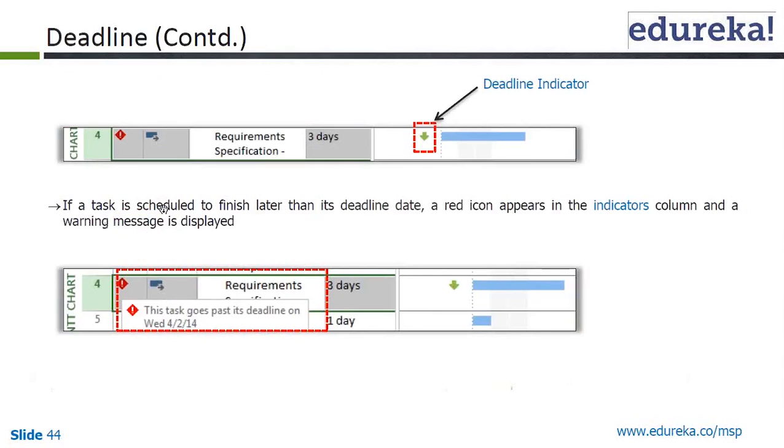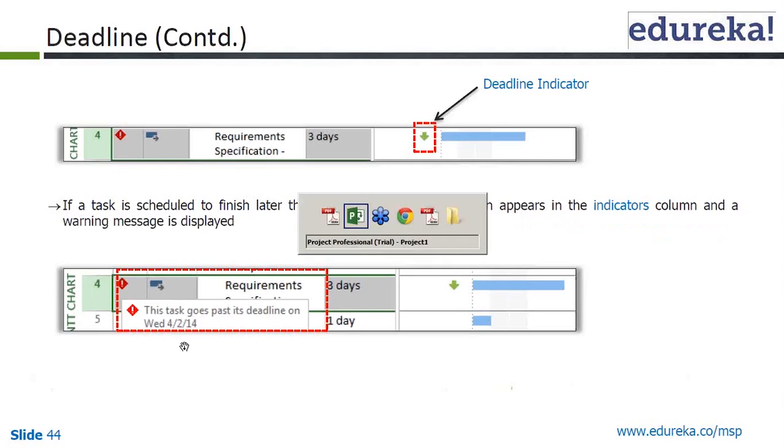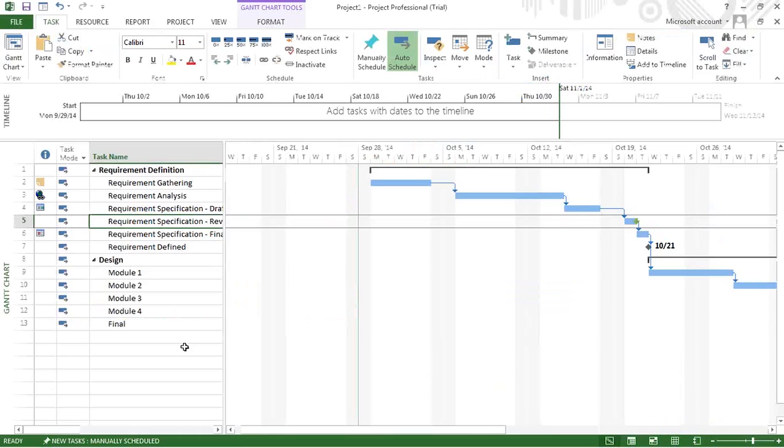If a task is scheduled to finish later than its deadline, a red icon appears in the indicators column, and a warning message is displayed that this task goes past its deadline.